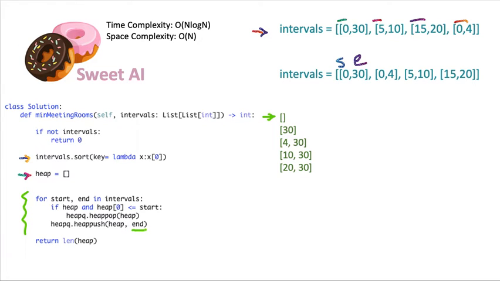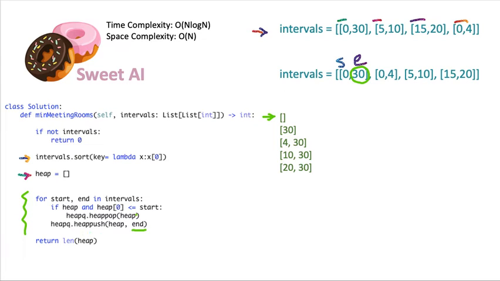The item we add to the heap is the end point of the meeting, because we have dealt with the starting points by sorting them. What we need now is to add the end point, and whatever ends before the starting point, we can pop out of the heap.